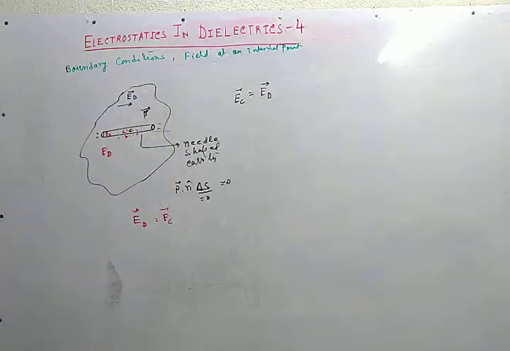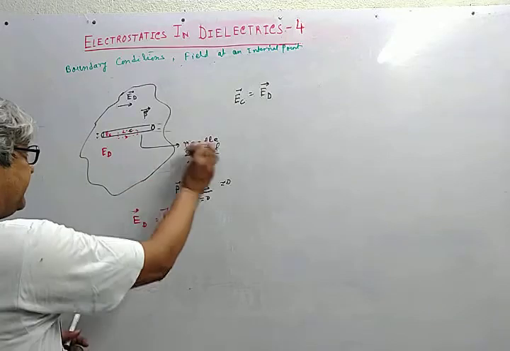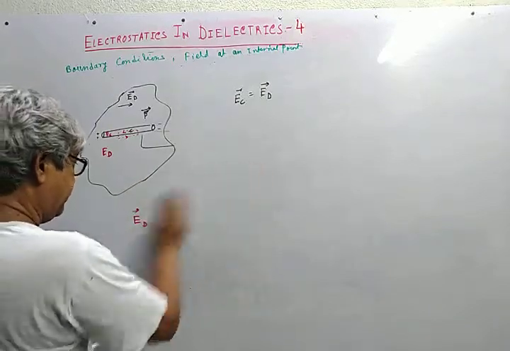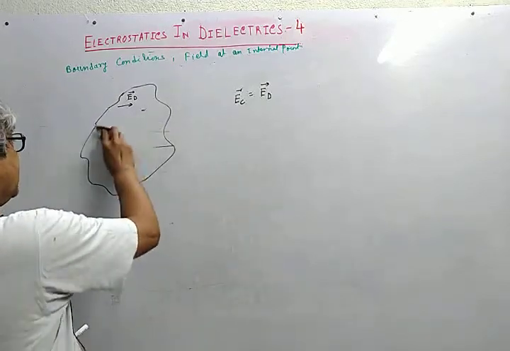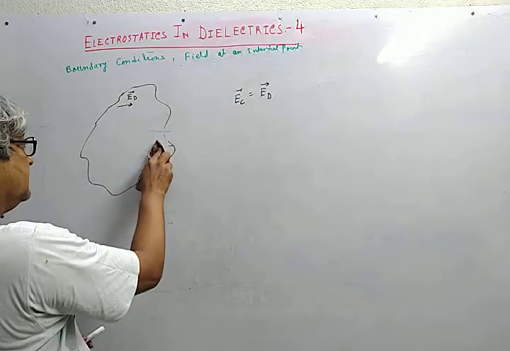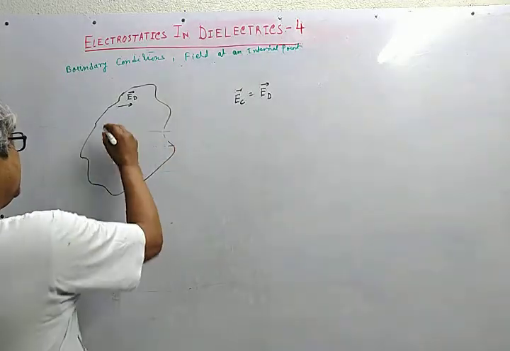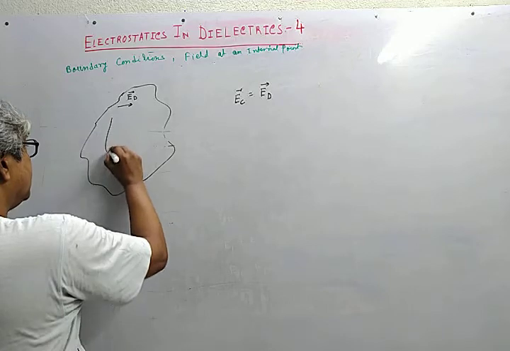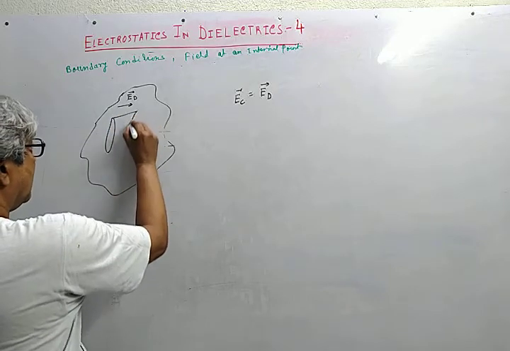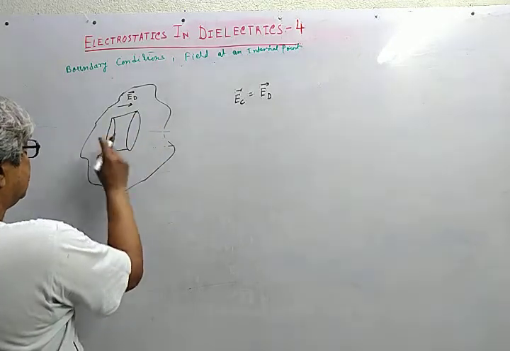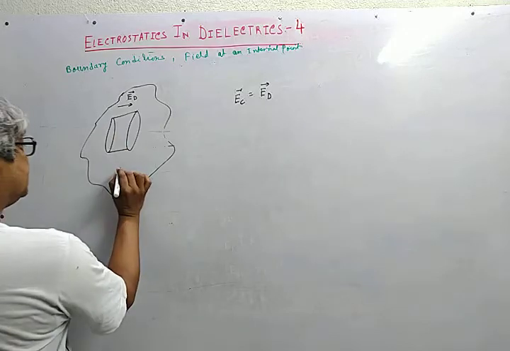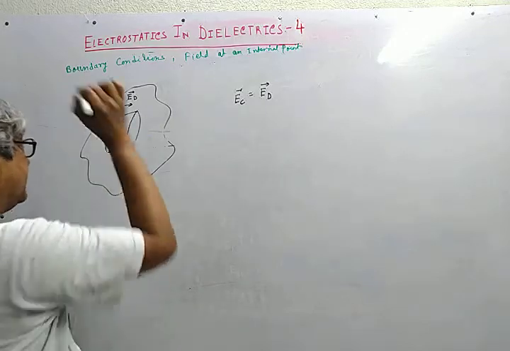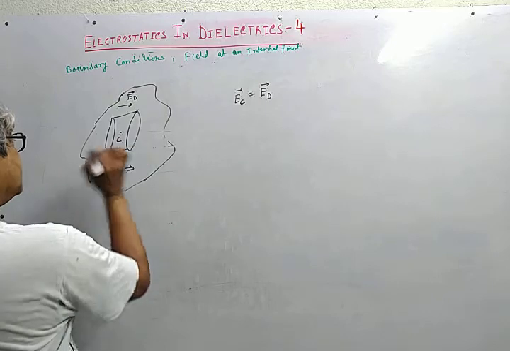Now we change to the cavity in the shape of a disc. Within the dielectric medium, we consider a disc shaped cavity. The cavity is in the form of a circular disc. Here, these areas are appreciable, and this is the direction of polarization. Again, our problem is to find out the field here.